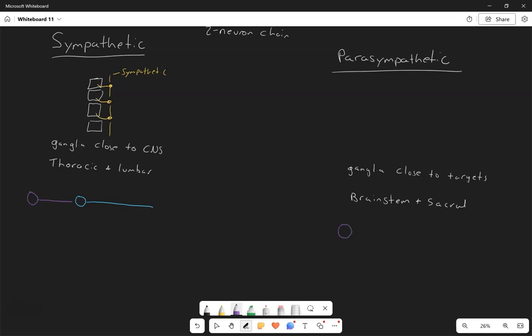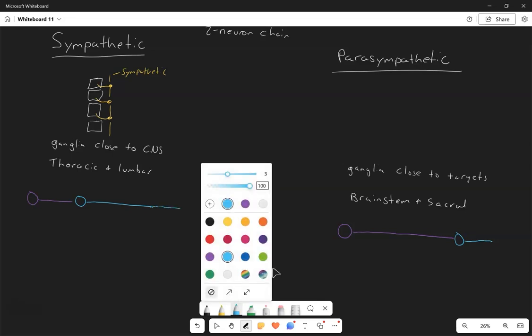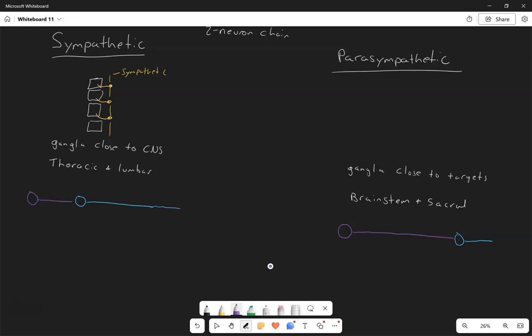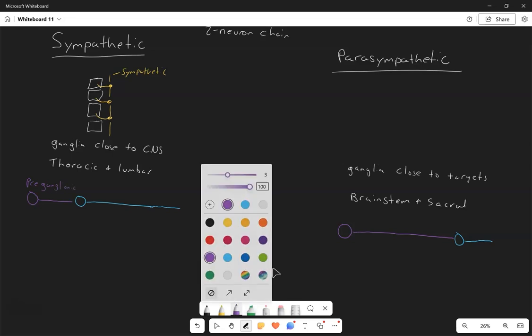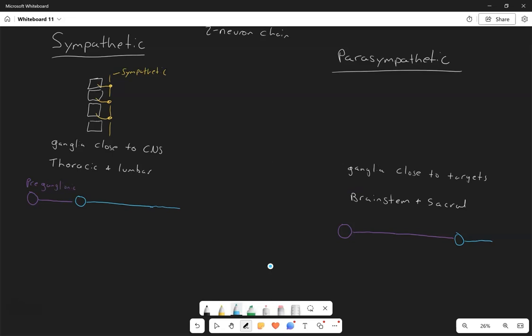In the parasympathetic, the ganglia is going to be further away from the central nervous system and closer to the target organ. So notice that what we drew here is what we refer to as our preganglionic fiber, and then what we refer to as our postganglionic fiber.